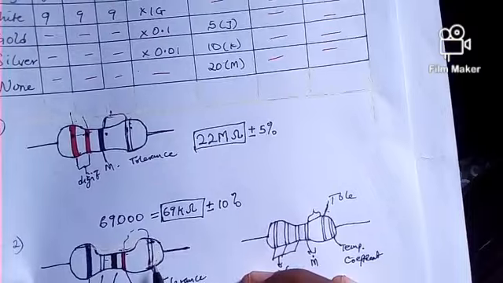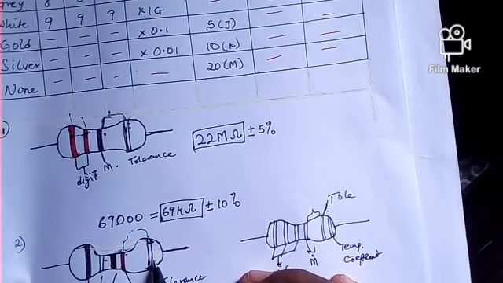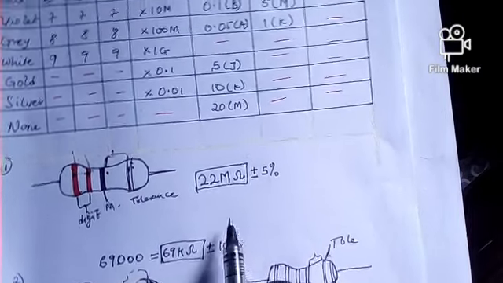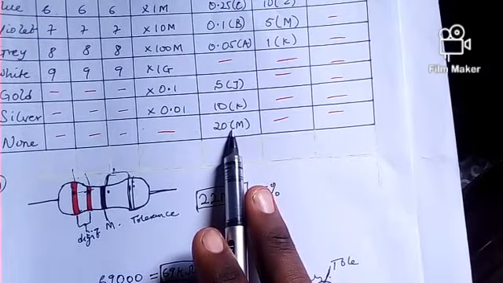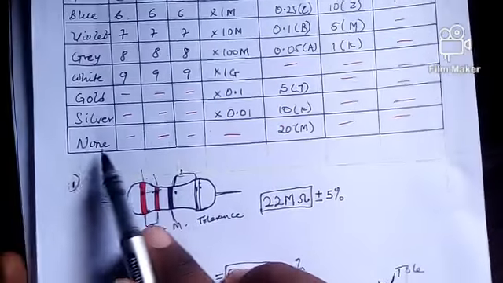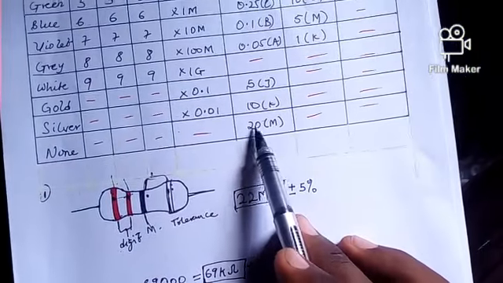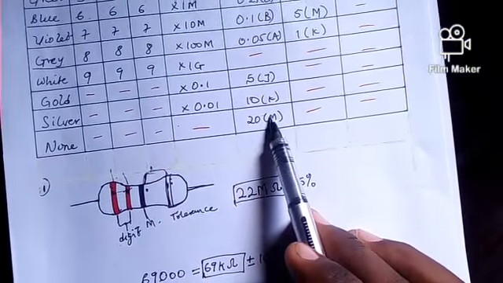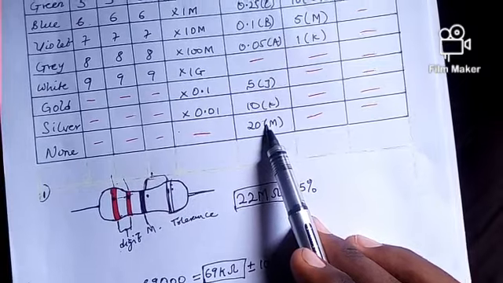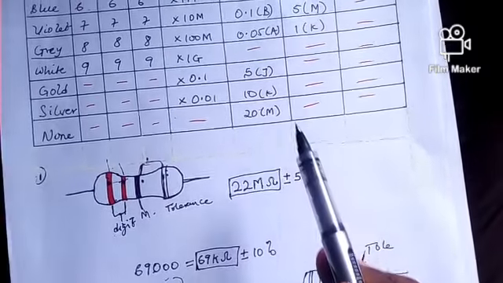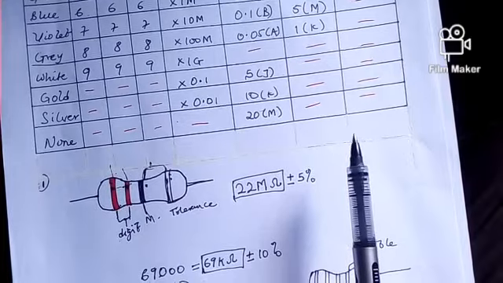Now, what if the color on the tolerance is none? If it is nothing, we give it a tolerance of 20%. So if you have none at the end, it simply means that the tolerance is 20%. That's what we put in there, and that is how to calculate the value of a fixed valued resistor.